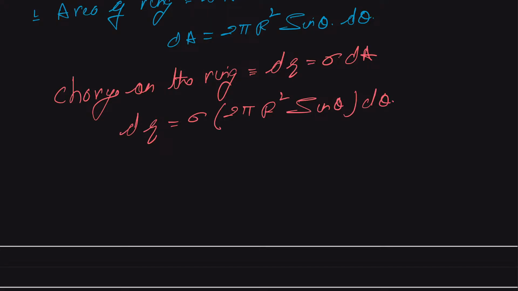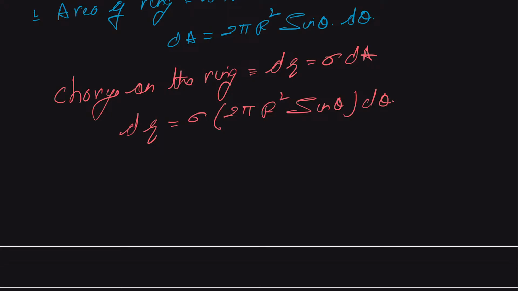And it is rotating about the axis, so we can easily find out what will be the speed of the charges. Its angular velocity is given as omega, and at a polar angle of theta.